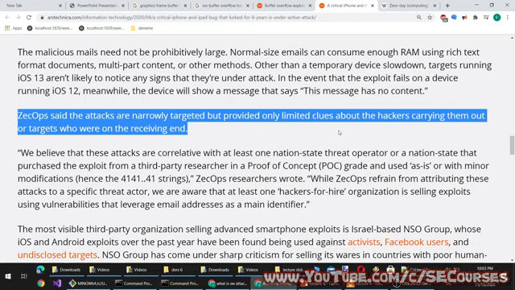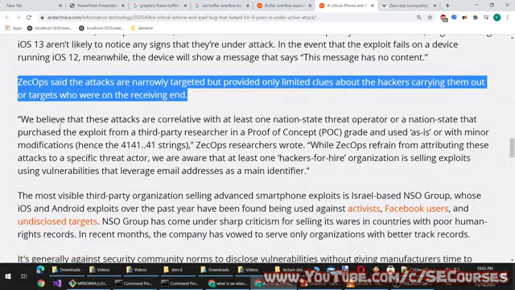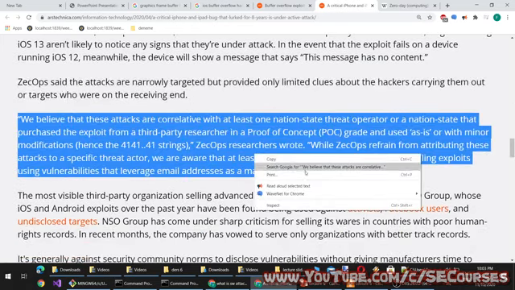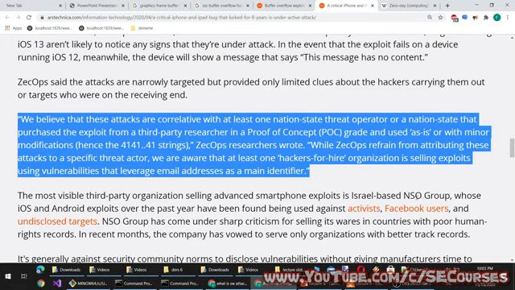ZecOps said the attacks are narrowly targeted but provided only limited clues about the hackers carrying them out or targets who were on the receiving end. "We believe that these attacks are correlative with at least one nation-state threat operator or a nation-state that purchased the exploit from a third-party researcher in a proof-of-concept (POC) grade and used as is or with minor modifications, hence the 4141.41 strings."